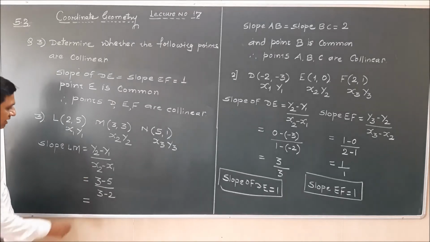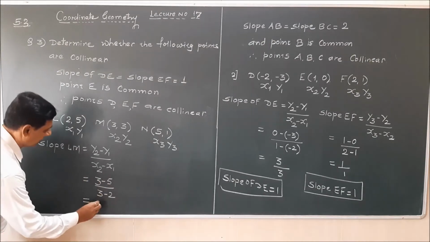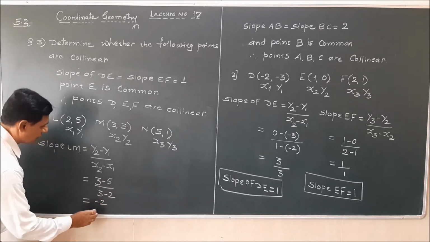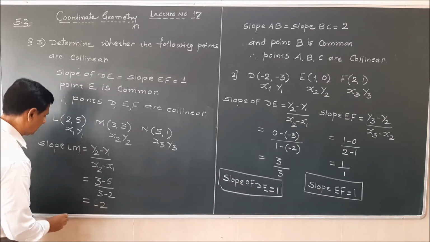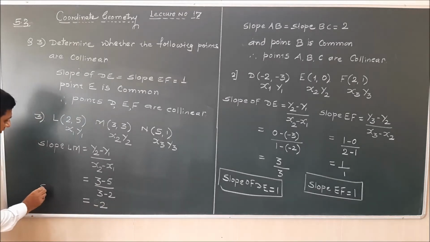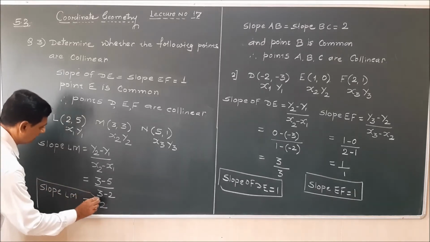Please try to understand. 3 minus 5 is minus 2, and 3 minus 2 is 1 only. So the slope of LM is equal to minus 2.